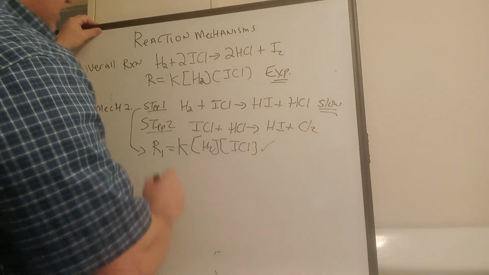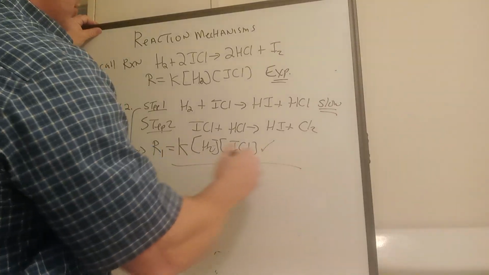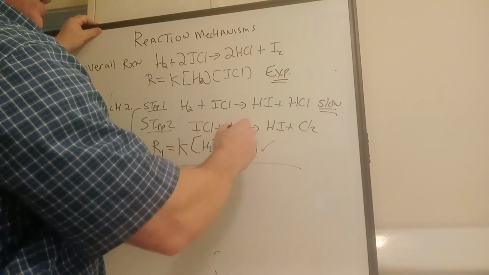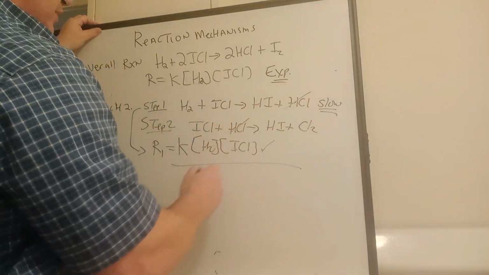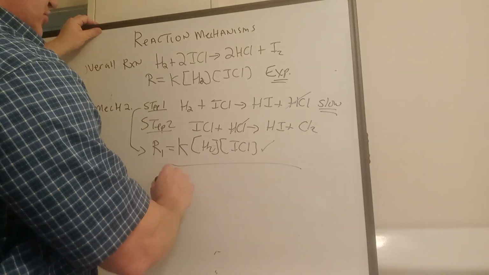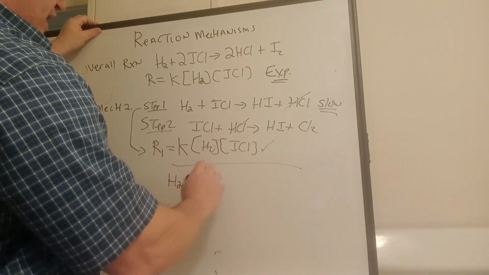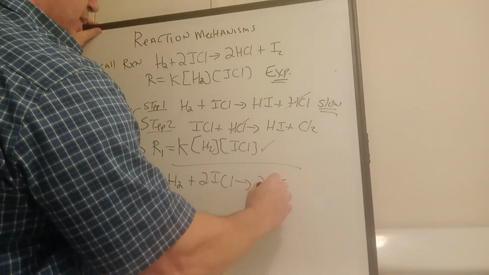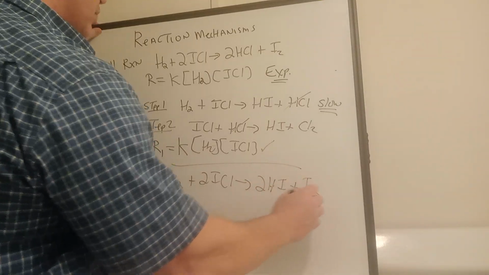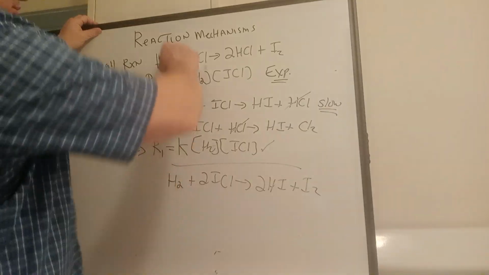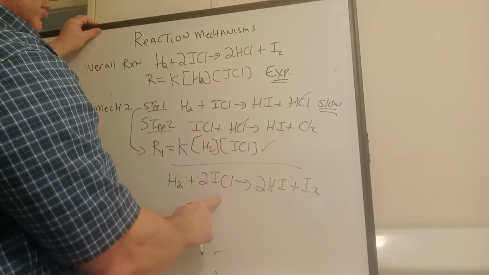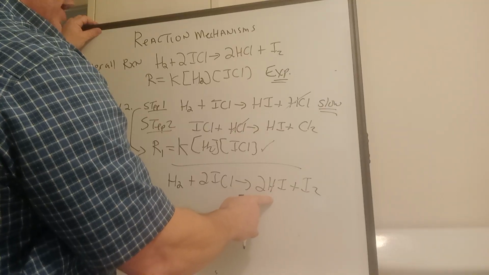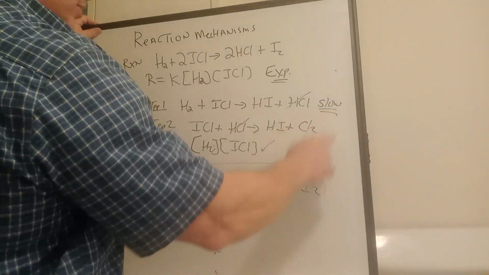But let's take the other factor. If we add these reactions together, let's see what cancels, if anything. The HCl cancels, so we end up with H2 plus 2ICl going to 2HI plus I2. Okay, we got H2, H2, 2ICl. That looks good. Oh no, this isn't good here. We got 2HI. Did I do that right? No, it'll be a Cl2.